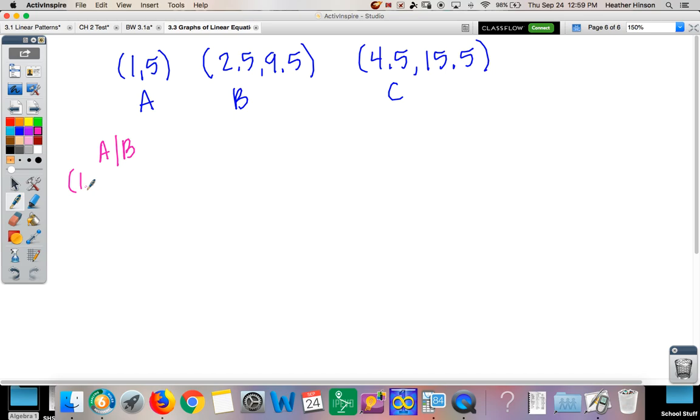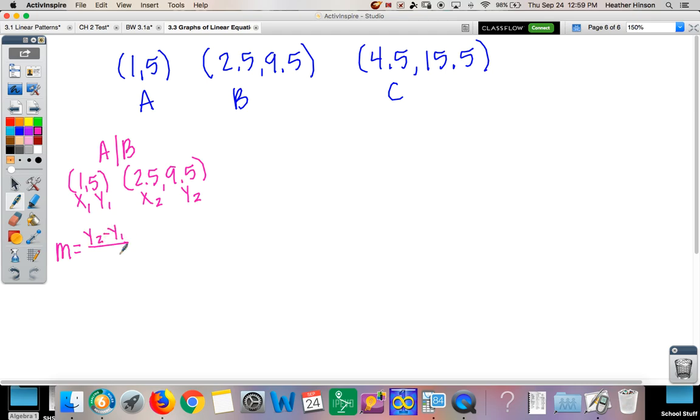So for A and B, write them. You have XY on both of them. This is your first point, so it's X1 and Y1. This is your second point, so it's X2 and Y2. And we just plug it into our formula.